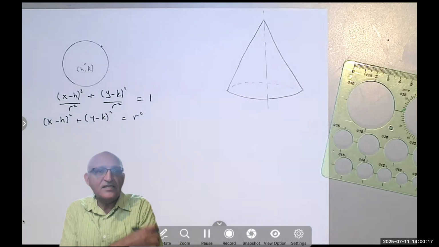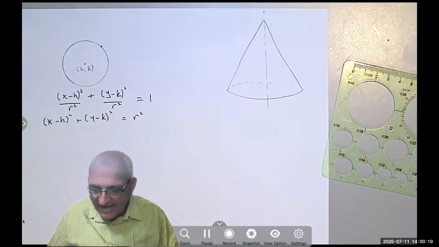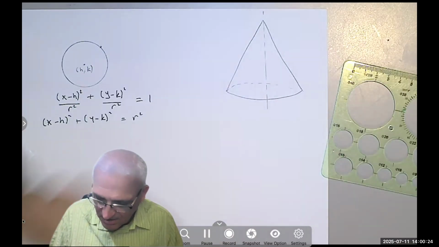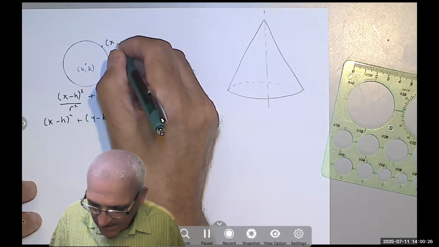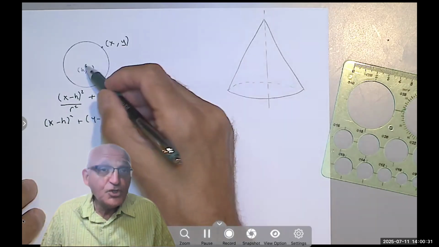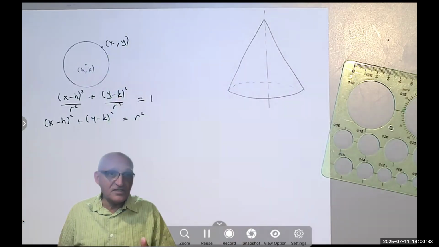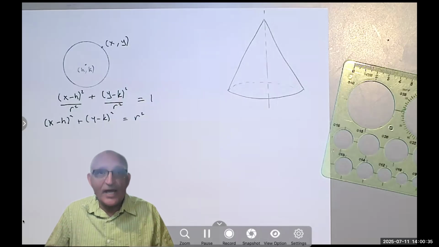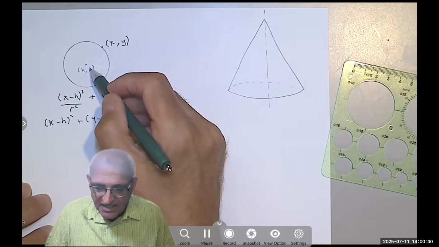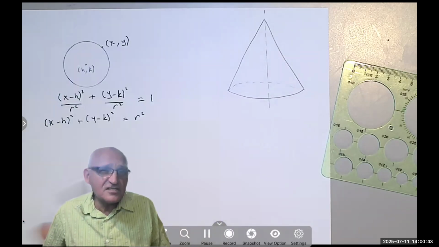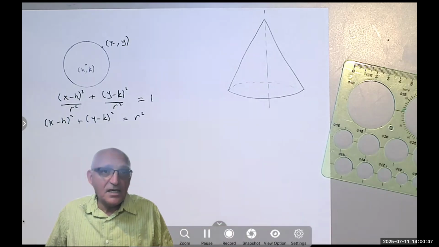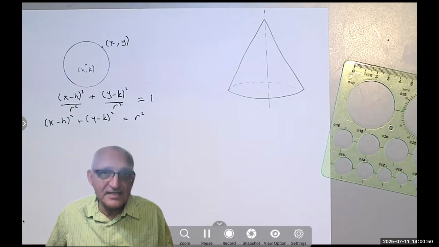And that comes directly from the fact that if any point here on the circle is x and y, then we know the equation of the distance, and if you take that distance and square it, you will get x minus h squared plus y minus k squared equals the square of the distance, but the distance is r, so it's very simple by applying the distance formula to get that equation.